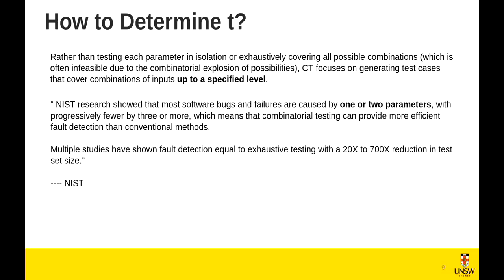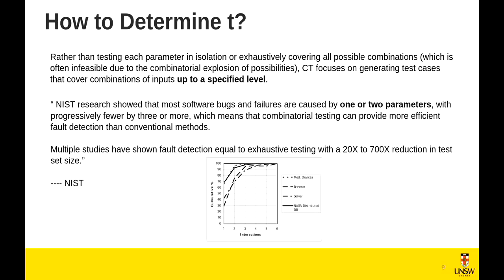Again, from the report of NIST, they mentioned that most of the software bugs could be found by covering all the combinations of one or two parameters. One-way combinatorial testing just means that we need to test every possible value, or every possible equivalence class, for every parameter.